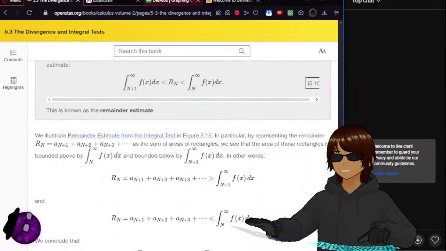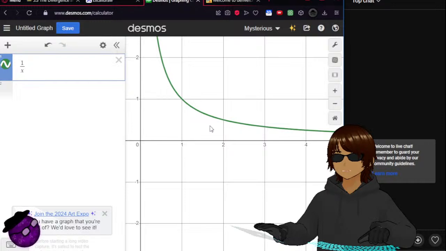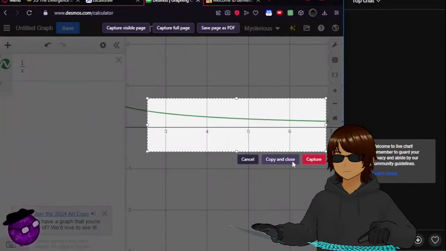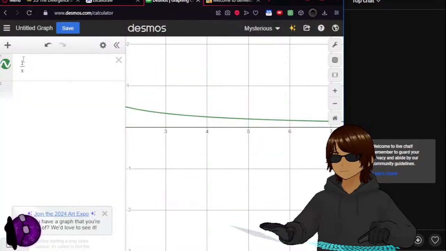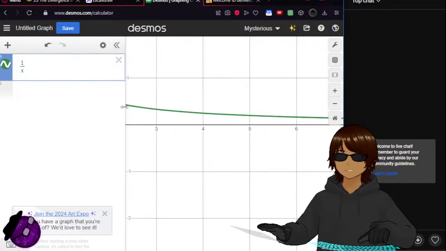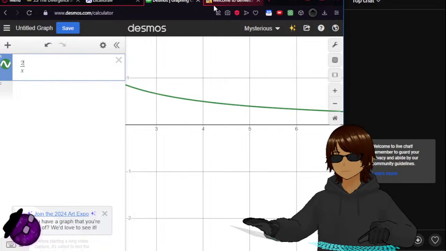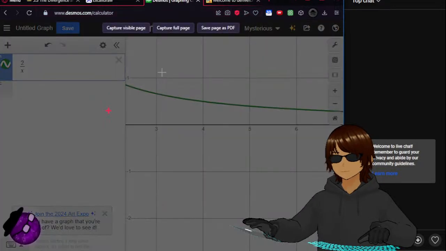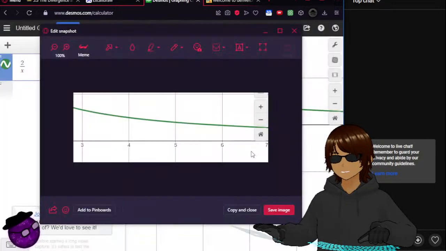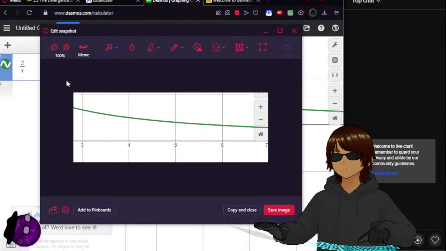I got rid of my drawing. Okay, let's say we already calculated this sum and this sum. We are calculating the rest. Let me scale up the graph. We already calculated the previous sums.